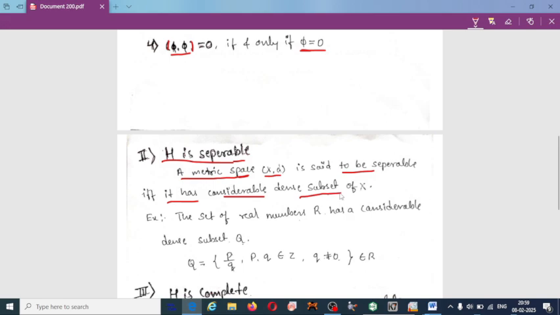A subset is a group of elements from the set itself, a subset of X in the metric space (X, d).